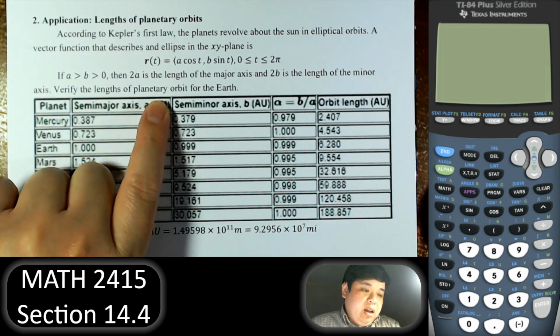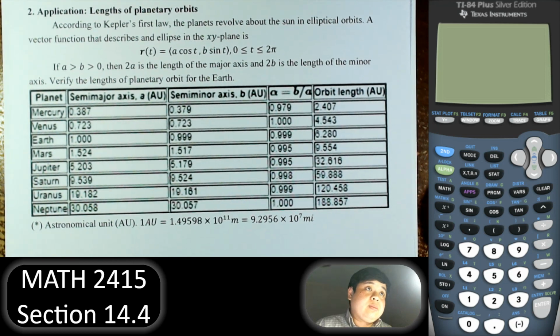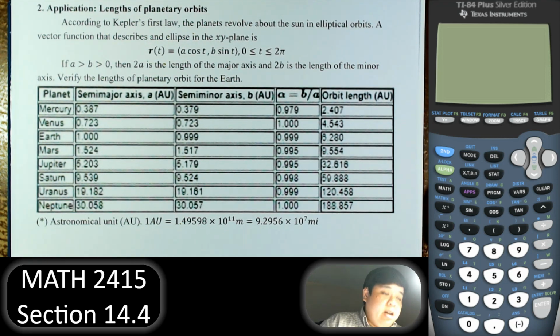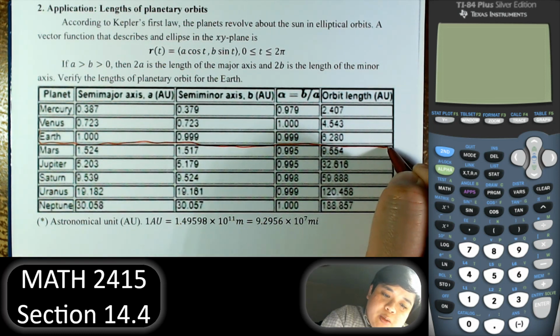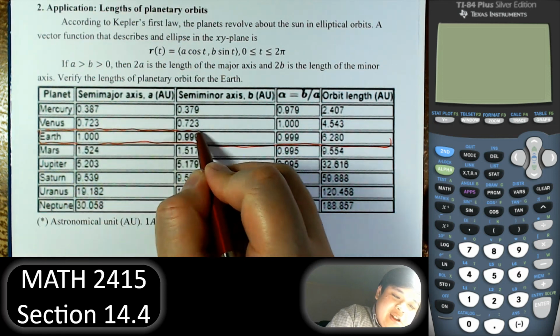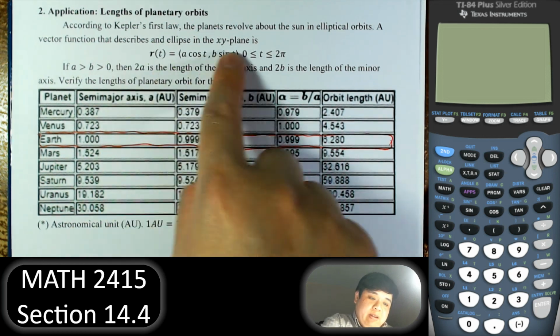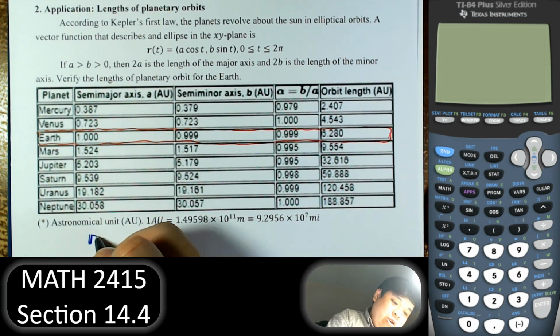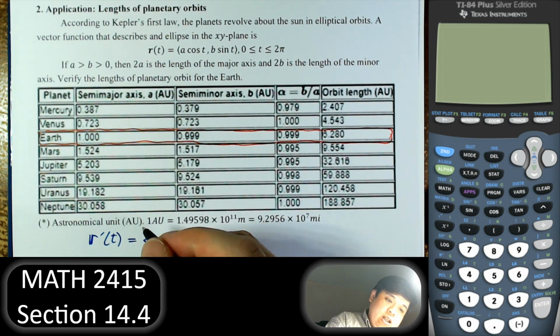Right, now we have that. Verify the length of the planetary orbit for the Earth. For the Earth, the length is about, I think, 6.28. So we always take the derivative, then the magnitude. The derivative of a cosine t is negative a sine t.